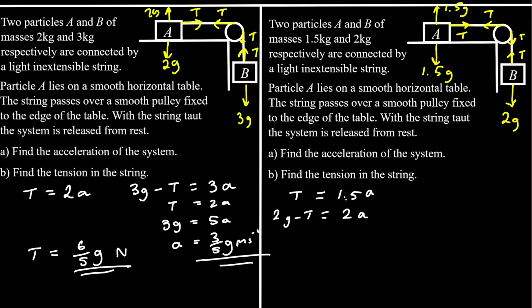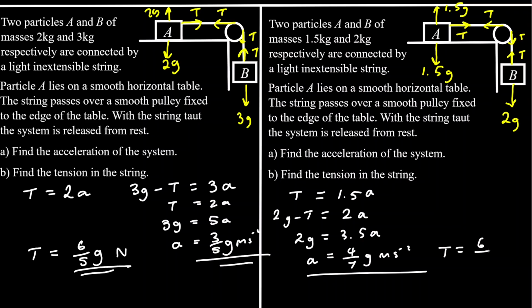Add the two equations together, we get 2g equals 3.5a. So acceleration is 2 over 3.5 g, or 4/7 of g meters per second per second. T is 1.5a, so 1.5 times 4/7, it'll be 6/7 g newtons.